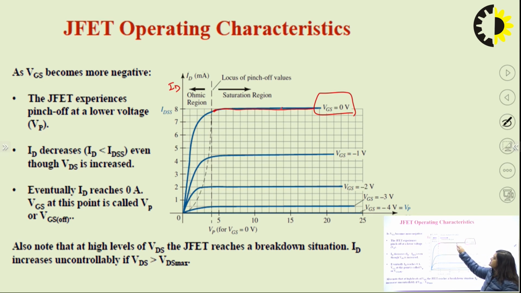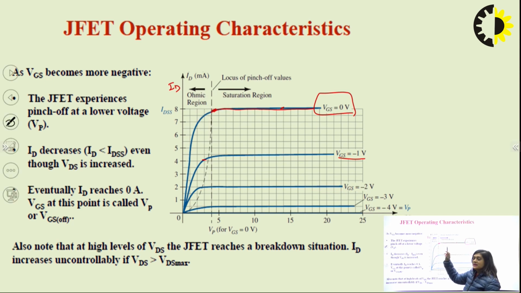This part is the saturation region, and this part is the ohmic region. If we make VGS negative, -1, we can see the maximum amount of current: in the previous case, VGS equal to 0, the maximum current was this, and at VGS equal to -1, the maximum current is this.